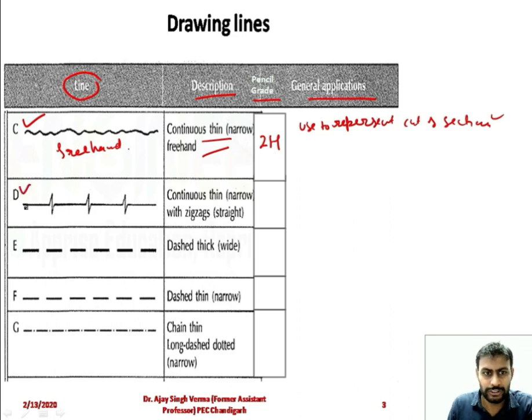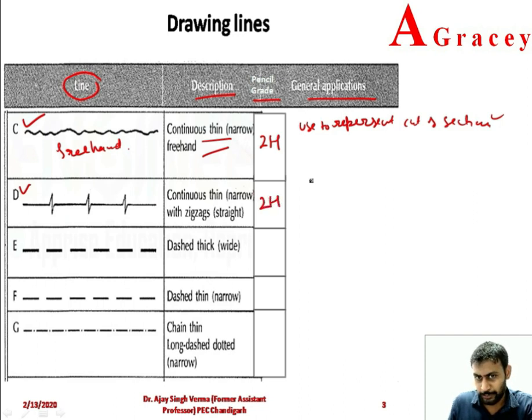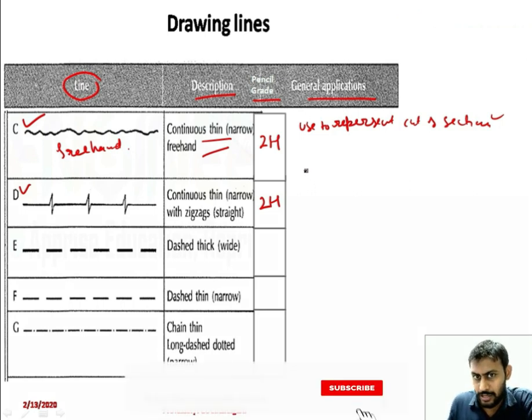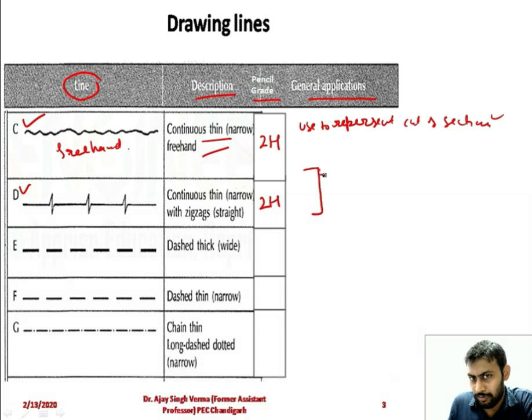Next is your D type line. D type is, you can see, a continuous zigzag thin line known as the D type line. This is also represented on your sheet with the help of the 2H pencil, where we use it when any object has a longer length that there is no need to draw fully on your sheet. So for the longer edges, longer sections, we need not draw the complete longer section.